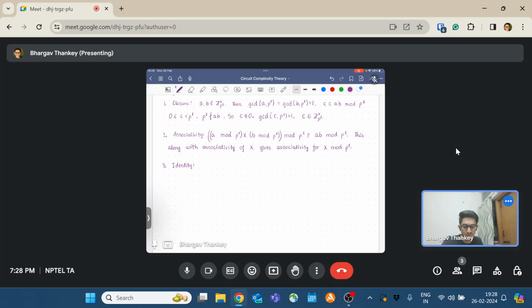One, right? So because this holds, that would also be the identity for multiplication mod P to the L. So A times one mod P to the L is A mod P to the L, and one times A mod P to the L is also A mod P to the L, right? So one is the identity.